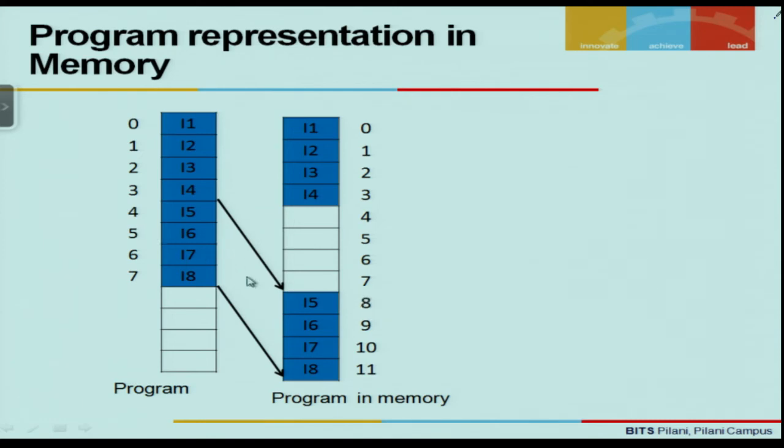For address 5, one needs to go to physical memory location 9 and so on. So logical to physical address mapping is required, and this is the concept of logical address and physical address. Logical addresses are the addresses which are generated by the processor. Physical address is the actual address which is there in the memory.